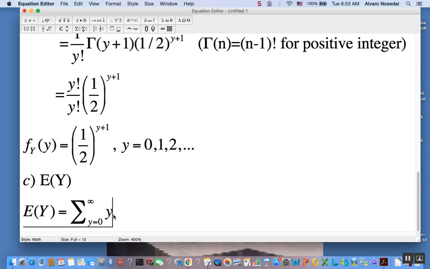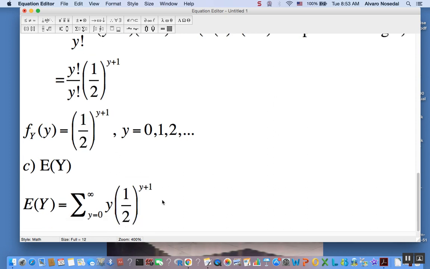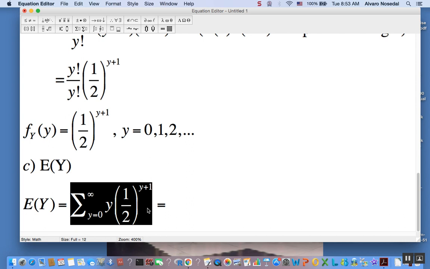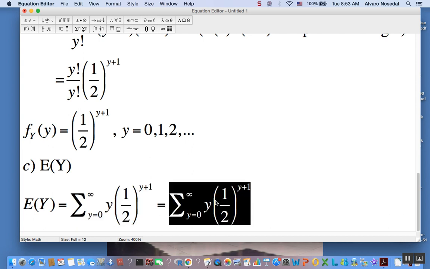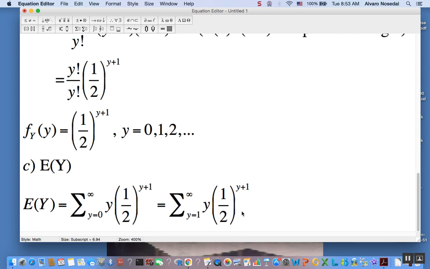Got it? Okay, so note that when y equals 0, the first term is 0, right? So we start doing this at y equals 1. Okay? Now note that 1/2 to the power y plus 1 is the same as this, 1/2 to the power y times just 1/2.